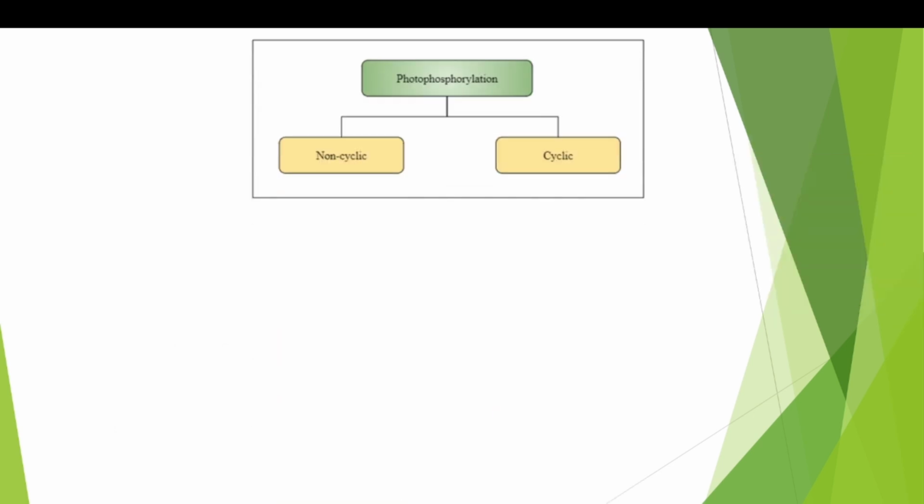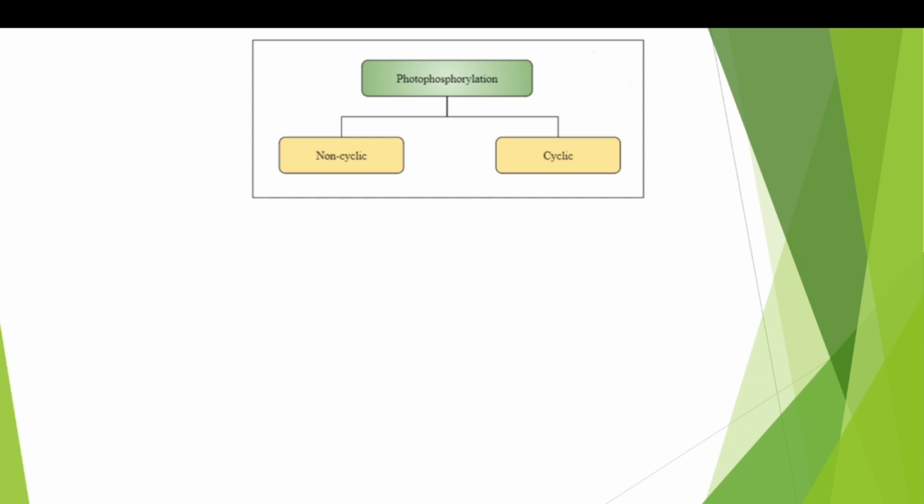Another method is photophosphorylation. You all know photosynthesis is the carbohydrate production process in plant cells using water, CO2 and sunlight. This photosynthesis process contains two sub-processes: light reaction and dark reaction.